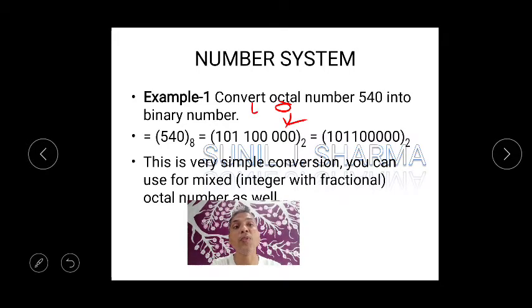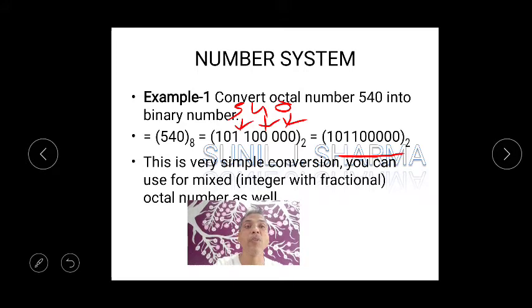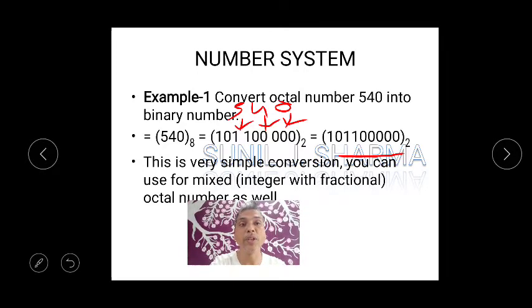Now this is your 4 and this is its binary equivalent. This is 5 and this is its binary equivalent. Then you write them together, and this will be your answer in binary. Very simple. As you already know, we have to write in 3 bits: this is 3 bits for 4, this is 3 bits for 5. So I hope you understood.